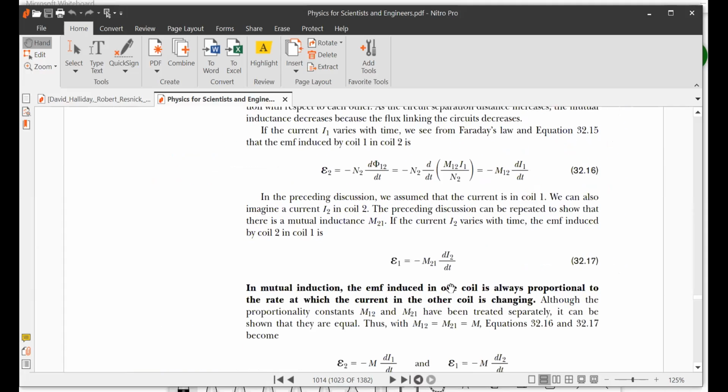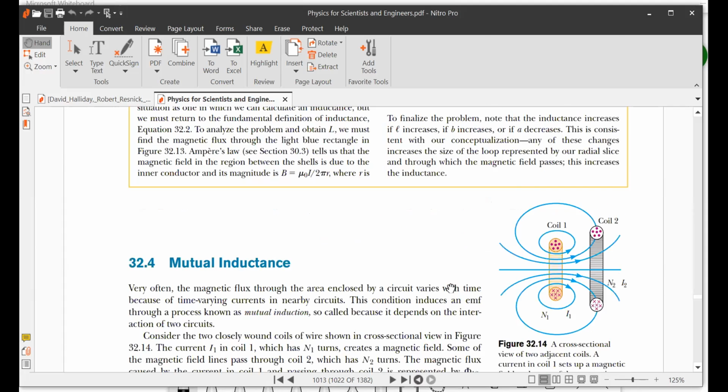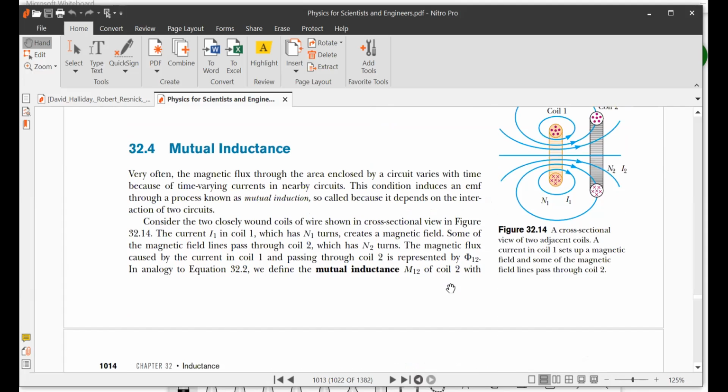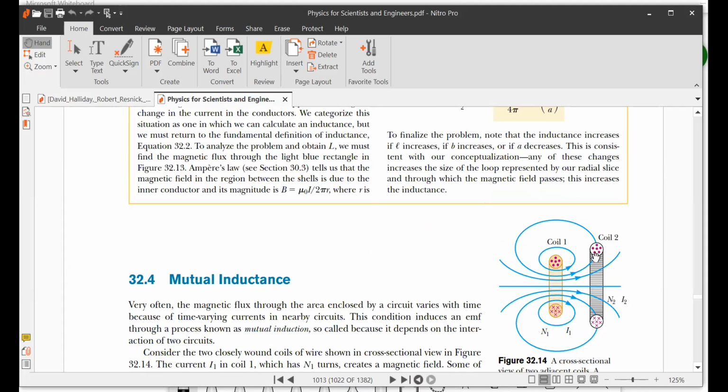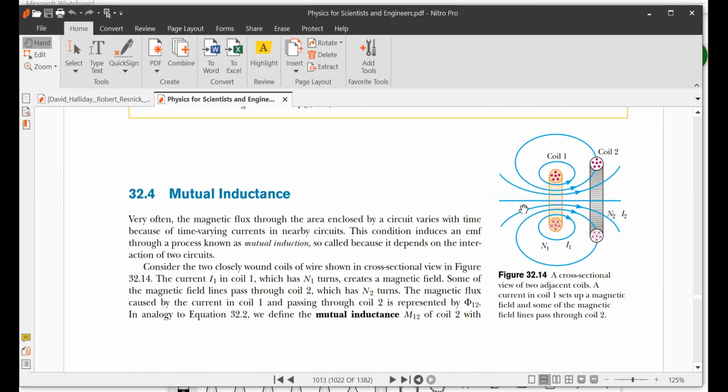Kemudian ini juga saya membahas tentang induktansi bersama, mutual ya gitu. Jadi awalnya misalkan saya punya coil 1, ini coil 2, coil satunya itu adalah yang berubah terhadap waktu ya, sehingga menyebabkan adanya arus induksi di coil kedua. Nah itu makanya di sini nanti akan ada yang disebut namanya mutual inductance M12 saya ambil.